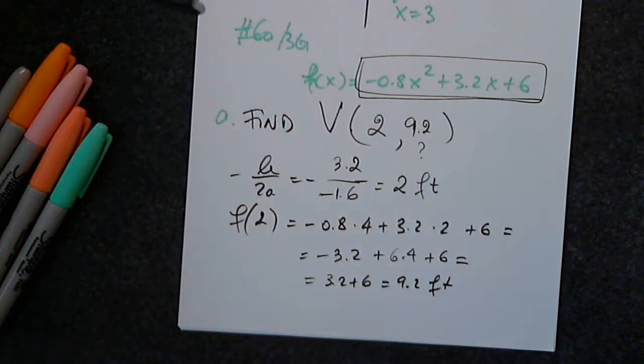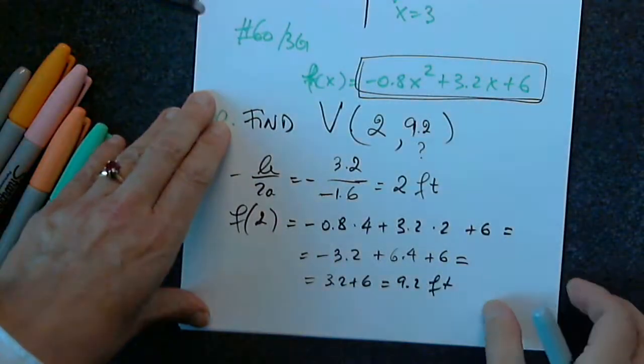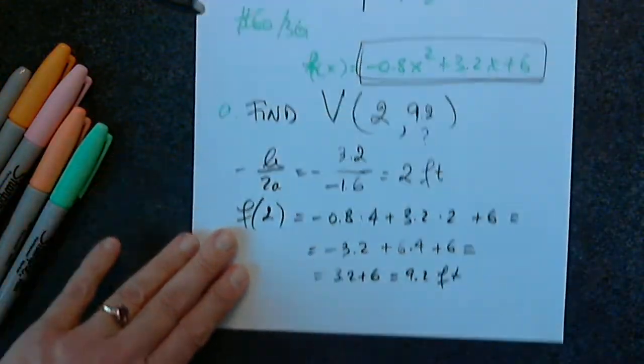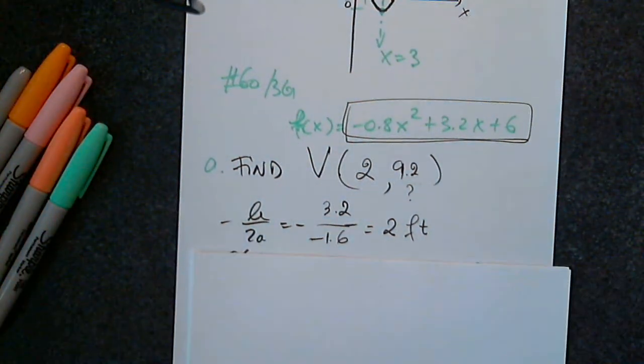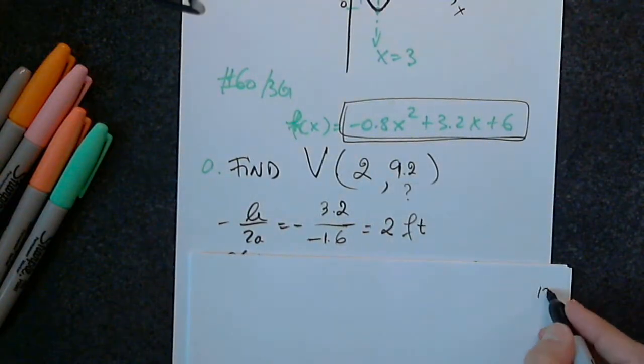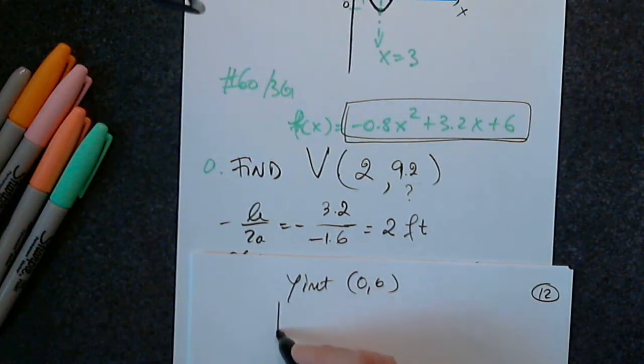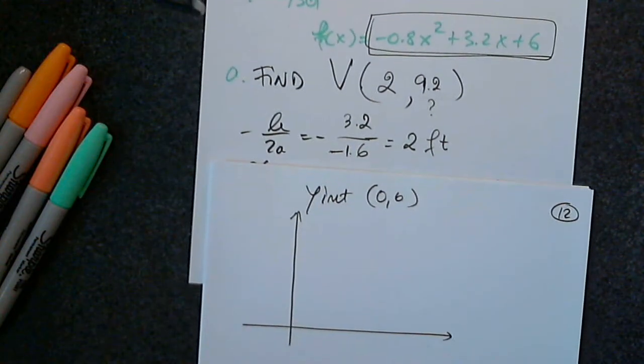Part B. How far does the ball travel horizontally before hitting the ground? Can anyone give us the y-intercept of this function? Very good. The y-intercept is (0, 6), because I want to start the graph.